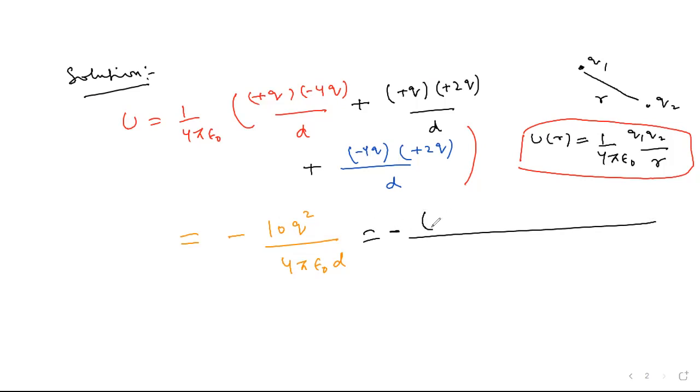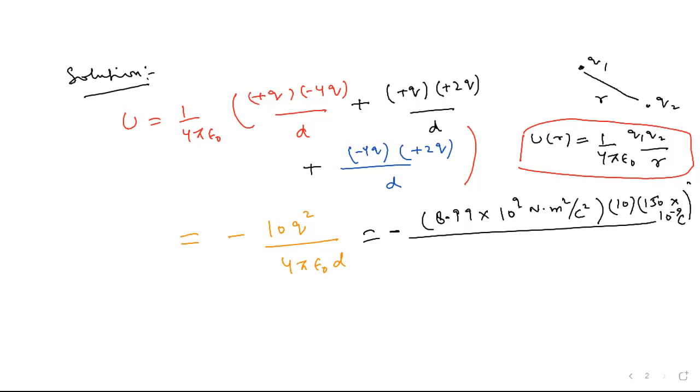1 by 4 pi epsilon naught is 8.99 into 10 raised power 9 Newton meter square per coulomb square. Then there is 10. Then I have q square, and q is 150 nanocoulomb, which is 150 into 10 raised power minus 9 coulomb.